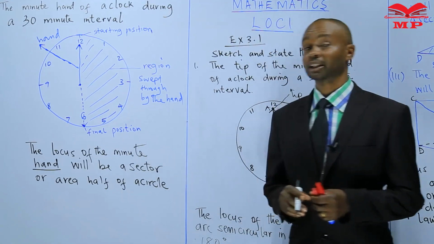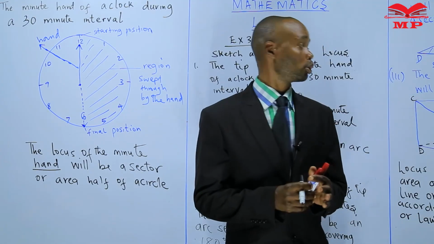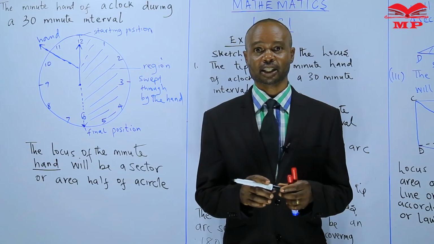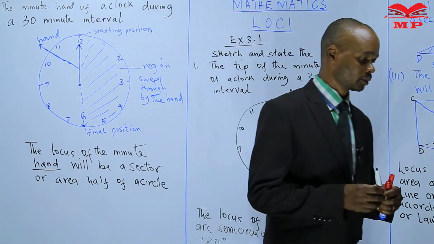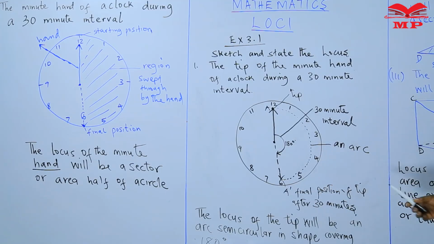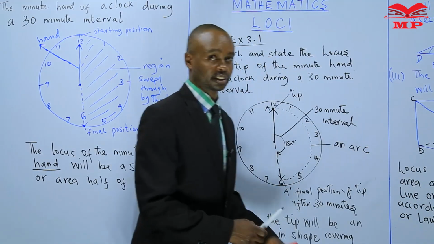So having come to that point, before I give the assignment, we shall do a recap of what we've learned in this lesson. In the lesson, we defined what a locus is.